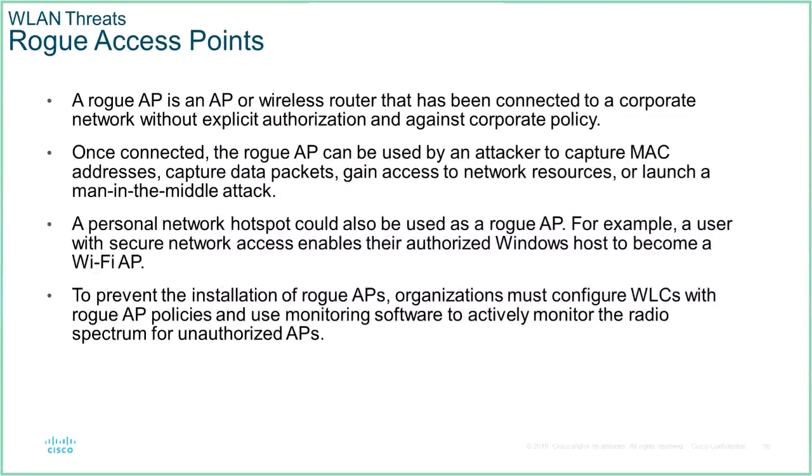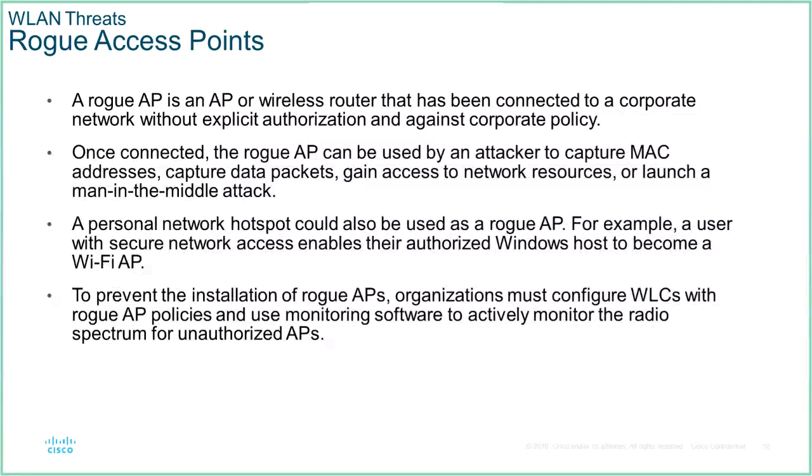Rogue access points is generally where somebody plugs in an access point because they feel they weren't getting the correct service from a wireless coverage point, and they've done it without the knowledge of the enterprise.